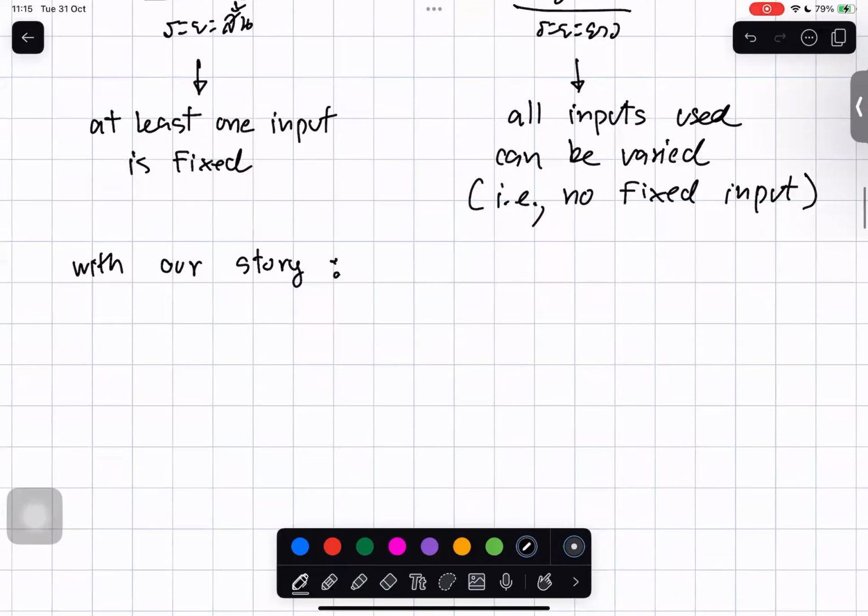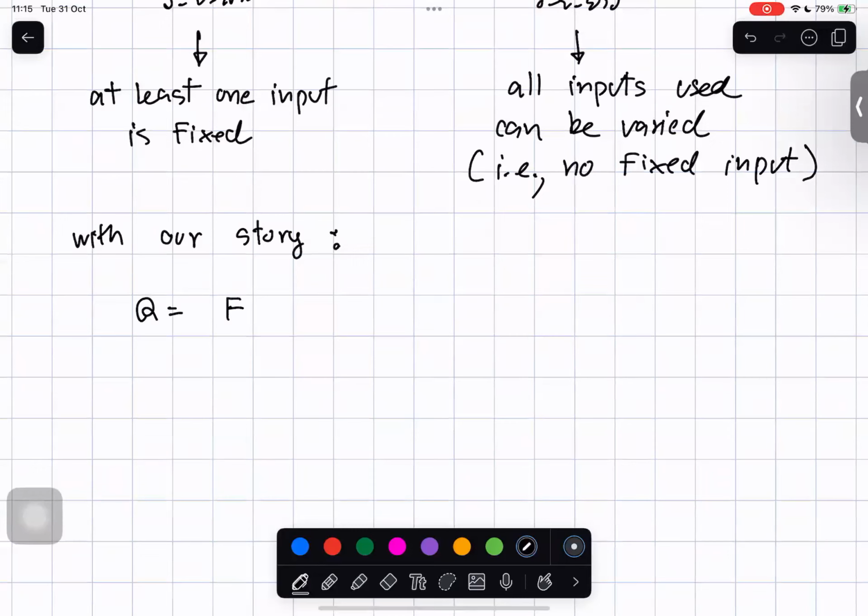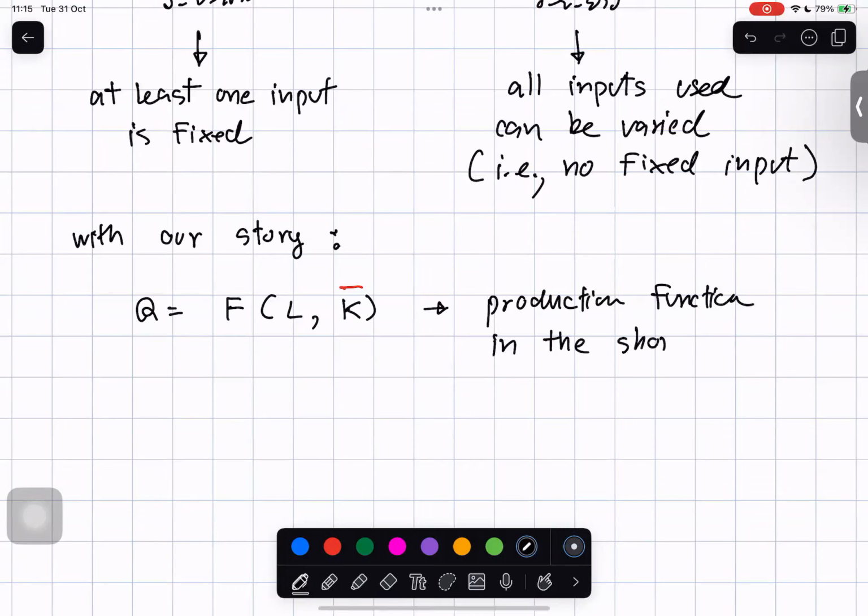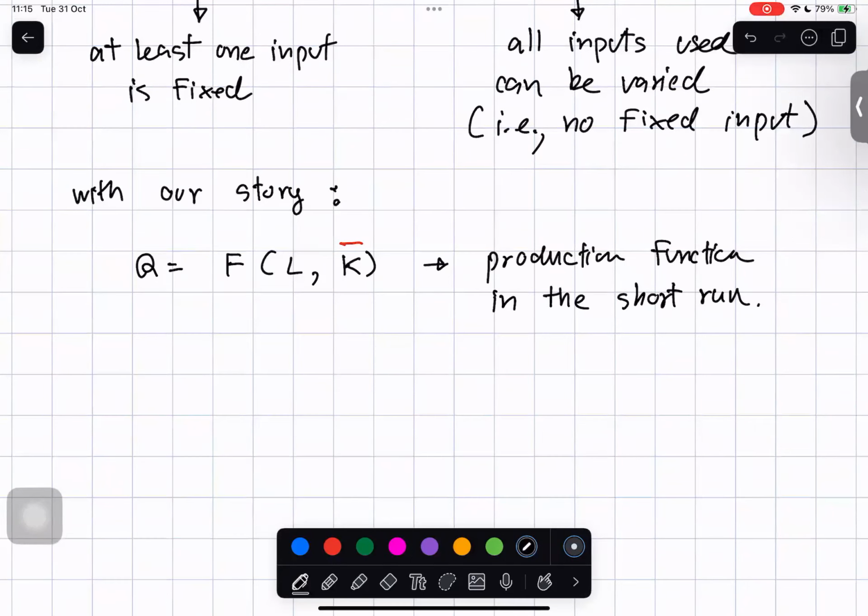With our story, let's say if we write the production function like this, we put a bar on K, which means capital now is fixed.